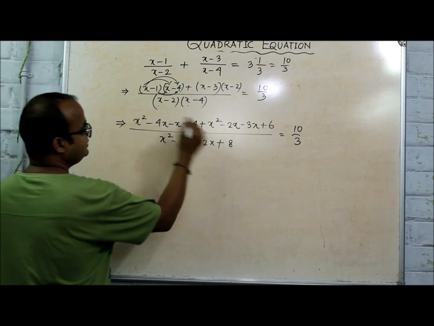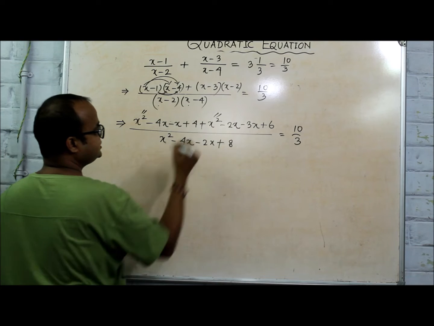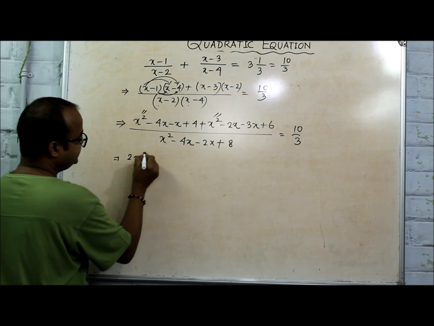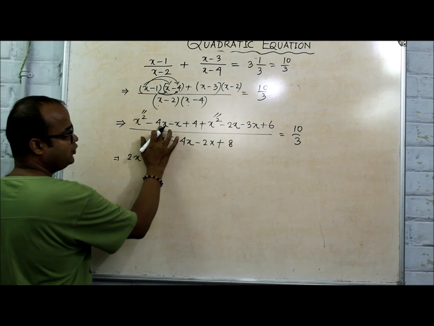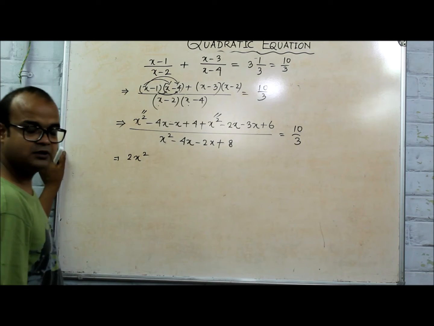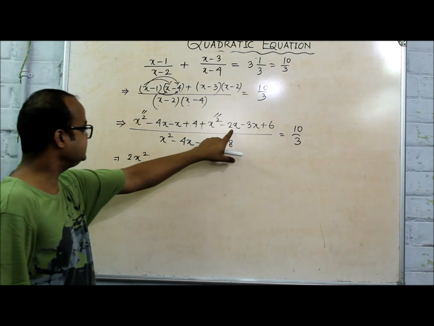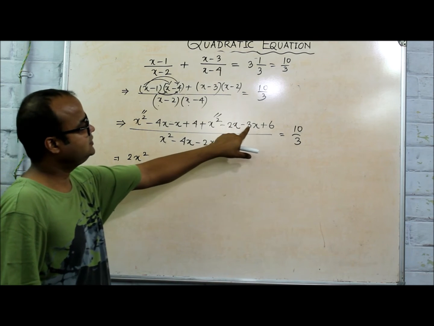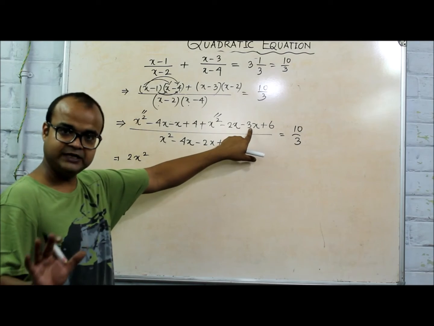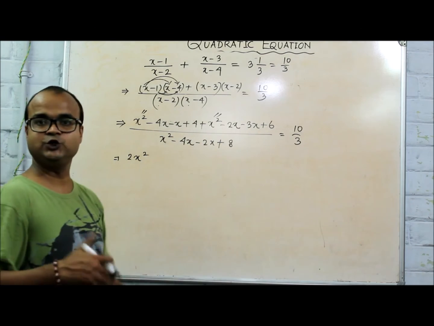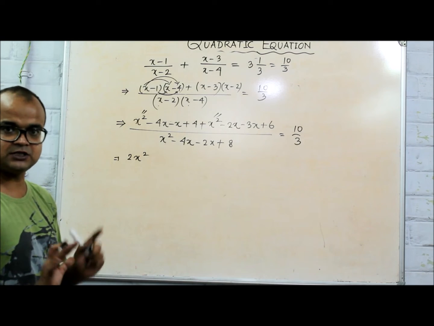Now we add the like terms: x square plus x square, 2x square; minus 4x minus x, minus 5x; minus 2x, minus 7x; minus 3x, minus 10x. All are the same sign, so we need to add and the sign remains the same.